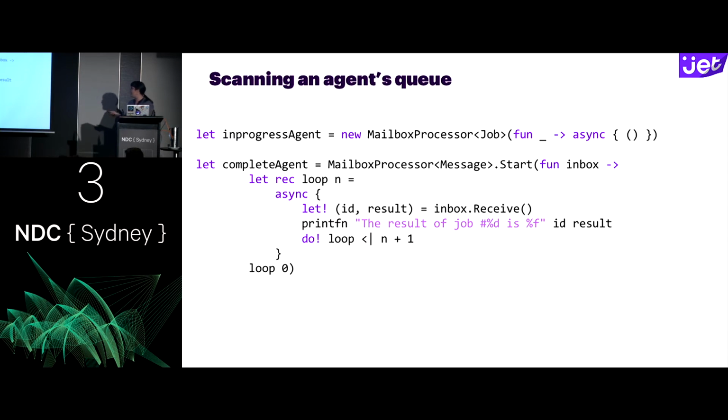It automatically spins up about 10 of them and holds all of them in the in-progress agent. It doesn't actually process them in any way, so that you can scan and see what's happening. But then you can scan and actually cancel some of them.